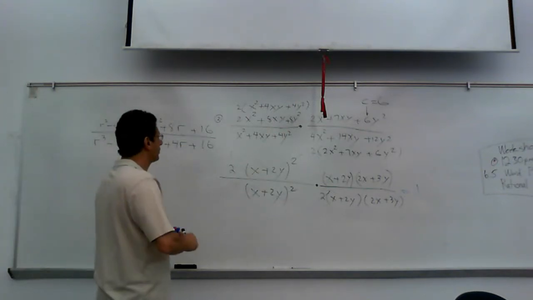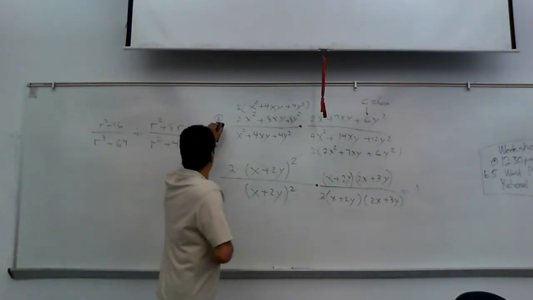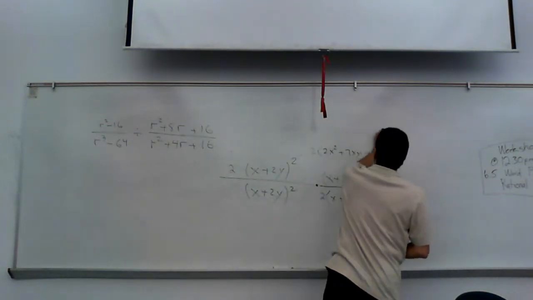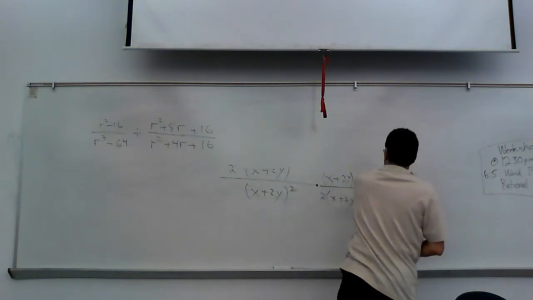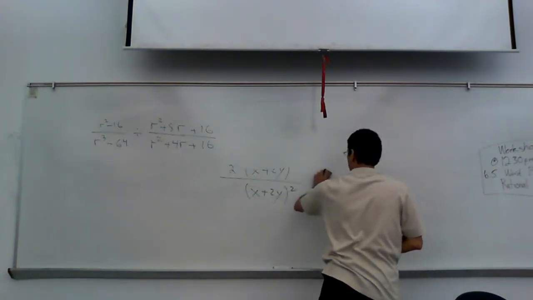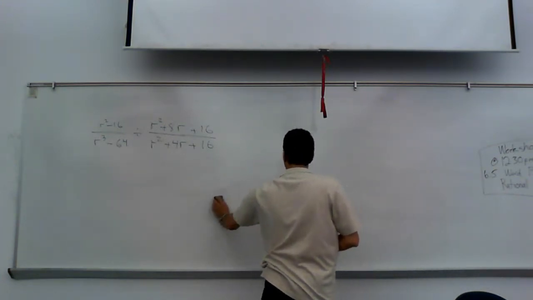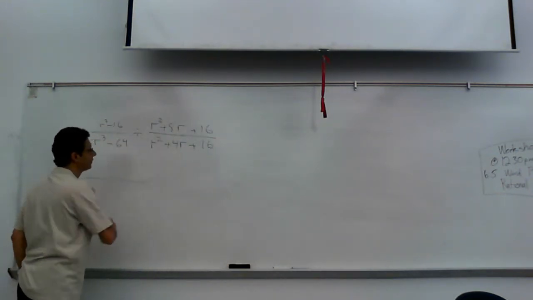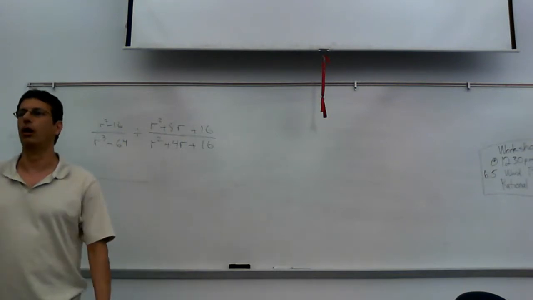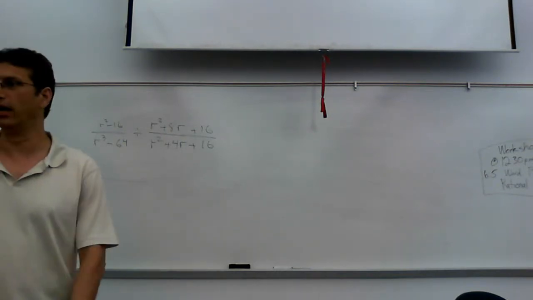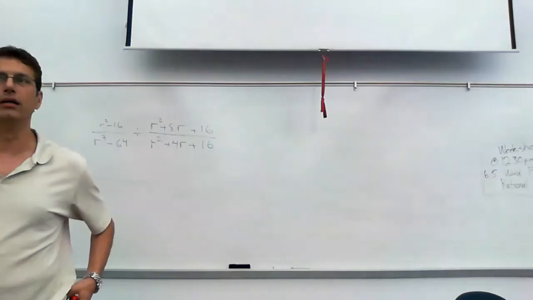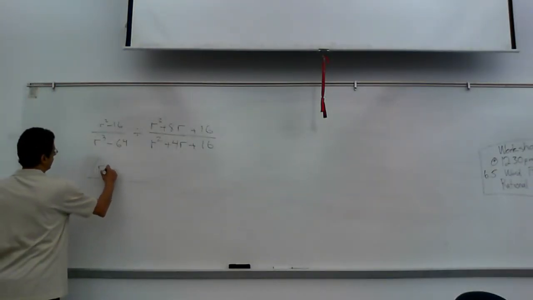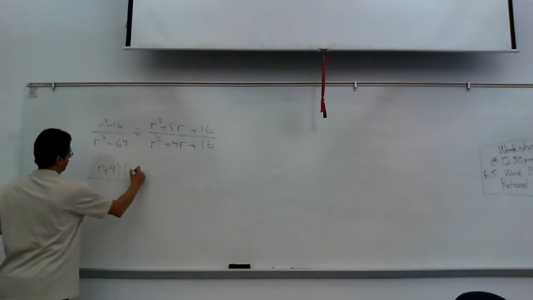Again, if I'm comfortable with factoring, this will work. So I'm going to start with the first fraction, everybody, and I'm going to look at the top. What do you see at top? R squared minus 16, right? Anything comes to mind? R plus 4, R minus 4.